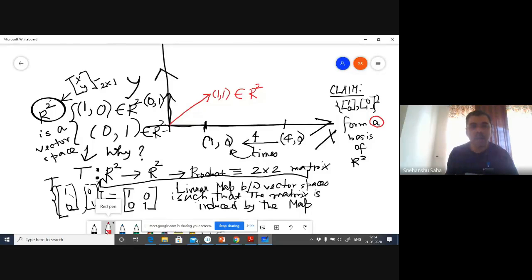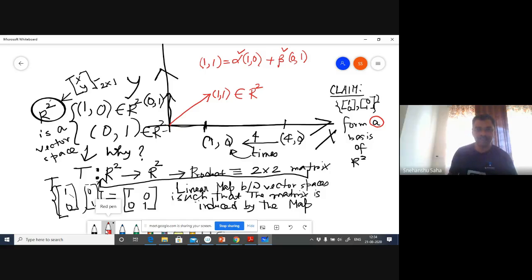Now, how can I write 1, 1 as a linear combination of the two existing vectors? I can write 1, 1 as alpha times 1, 0 plus beta times 0, 1, where alpha and beta are just scalars.